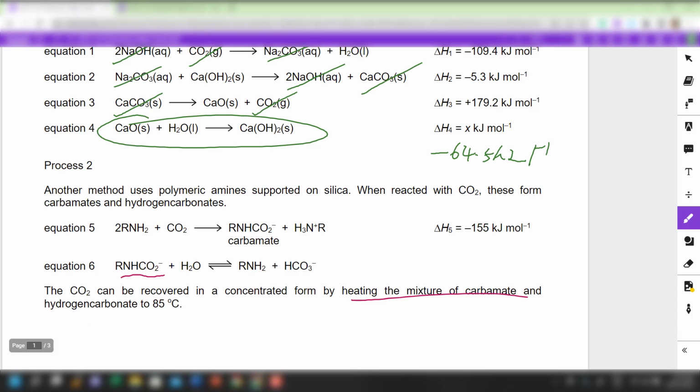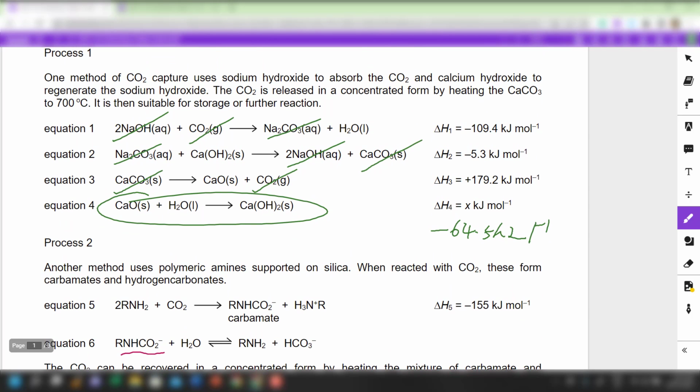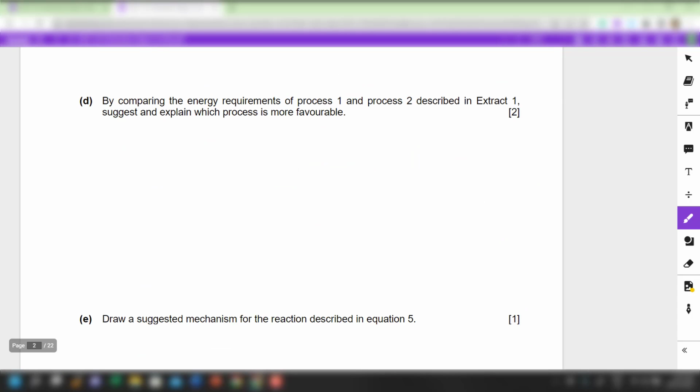So are we able to tell from the delta H? Is this a reasonable approach? Probably not, because the question is asking us from the perspective of energy. This is very important because we need to look at what we need to do to allow the process to take place.